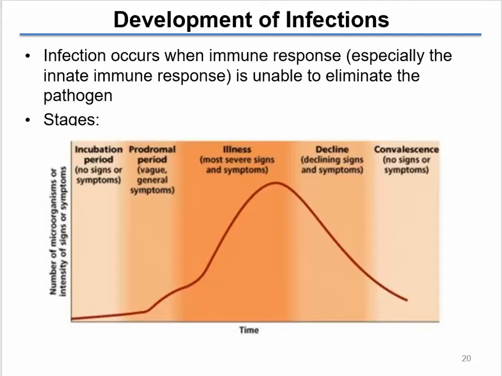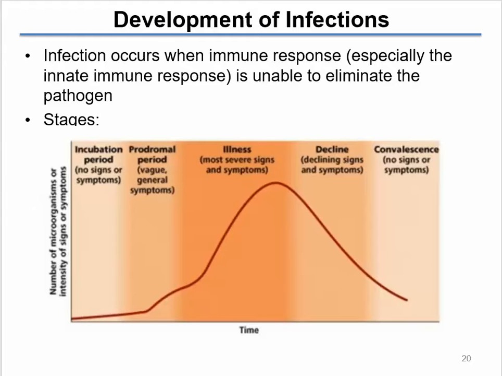Now, to switch gears entirely, we'll look at the course of an infection, the normal course. Infection happens, the pathogen starts to colonize the host, and the immune response is either slow or unable to eliminate that pathogen.